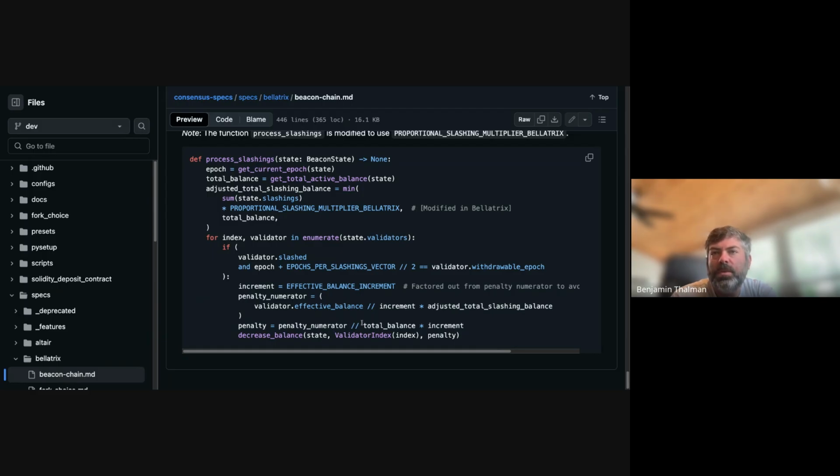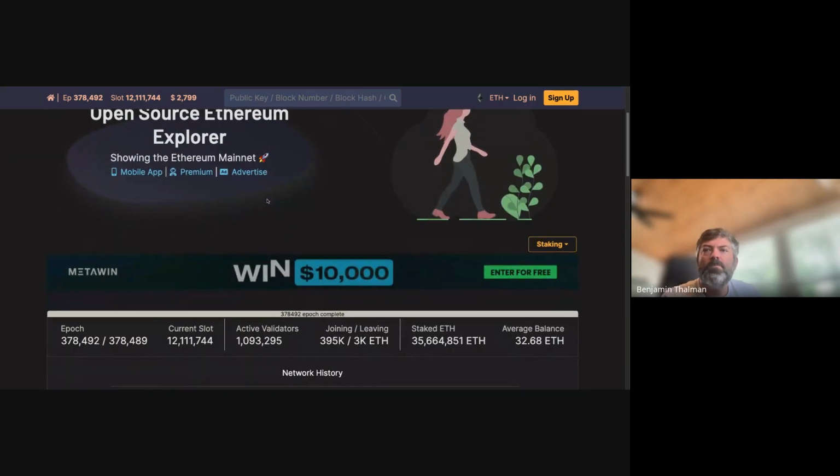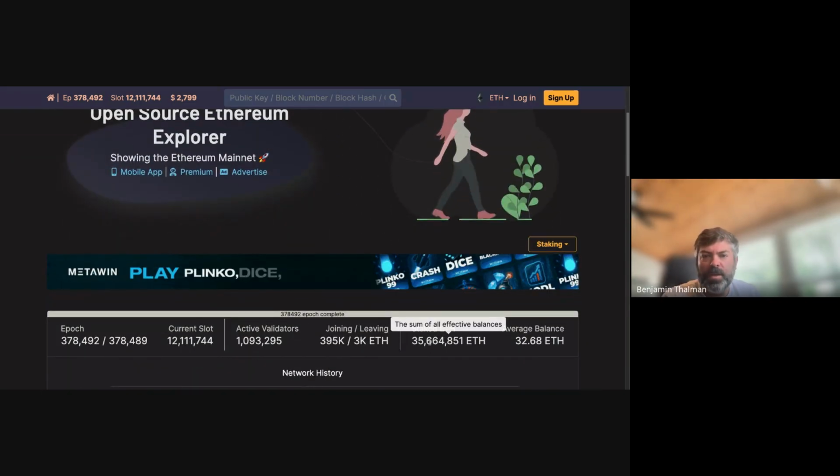What you can do to see that is, for some state.slashings, calculate the proportion of the network that's, let's say, take 0.5%. To make it easier, just take 0.5% of the network of staked ETH. So today, I think staked ETH is around, well, let's actually look at it. Beacon chain. 35.6 million ETH staked.